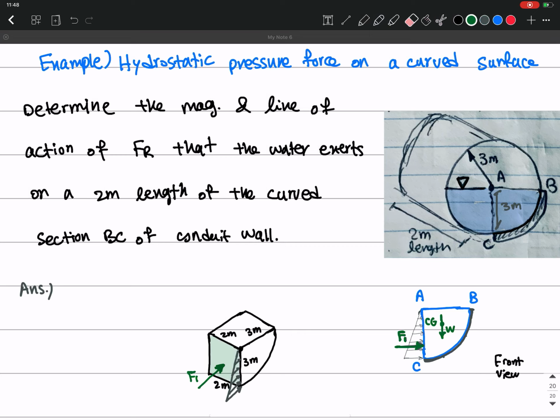On the other hand, we also have the hydrostatic pressure that is exerted by the water from this side to this section, right? As you see, if I want to calculate the force that is exerted on this plane here, let me show it on this plane.